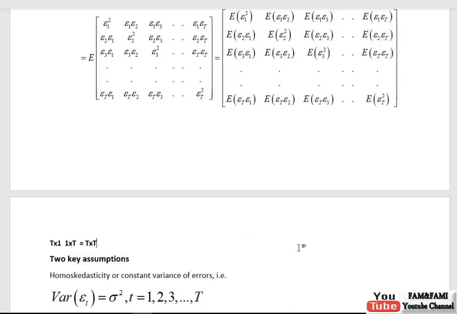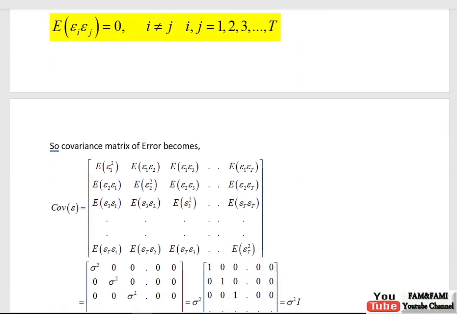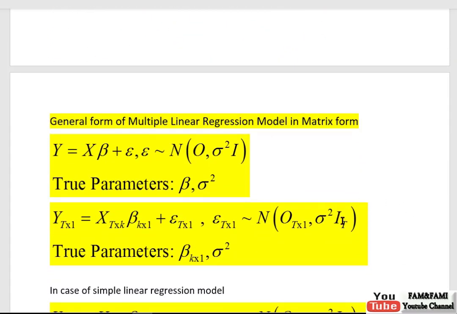You can even verify from here: count the subscripts 1, 2, 3, t, so t rows, and now count columns 1, 2, 3, t. So t rows and t columns. That's why we write I subscript t, since t and t rows and columns are identical, so we just write it once.